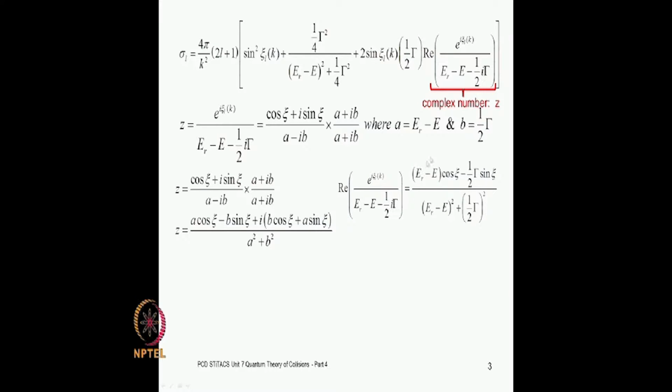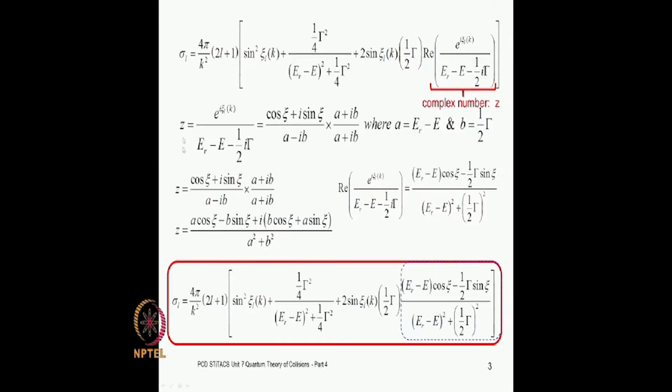So this term will now go over here. Okay? So let us rewrite this scattering cross section for the Lth partial wave in terms of this real part of the complex number z, and that is in this blue box. Okay? Right? So this is a fairly straightforward substitution.